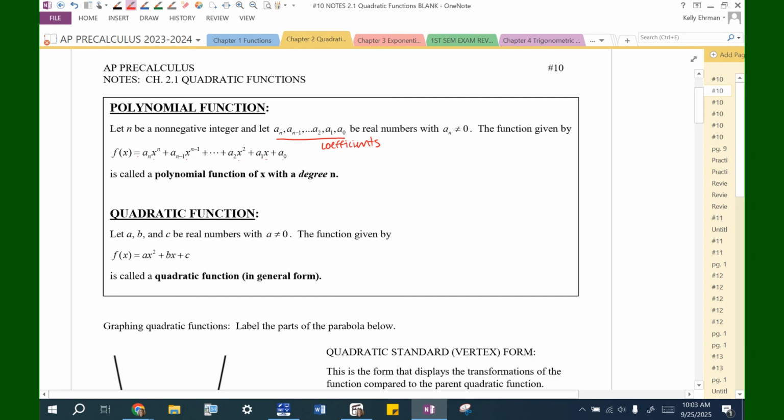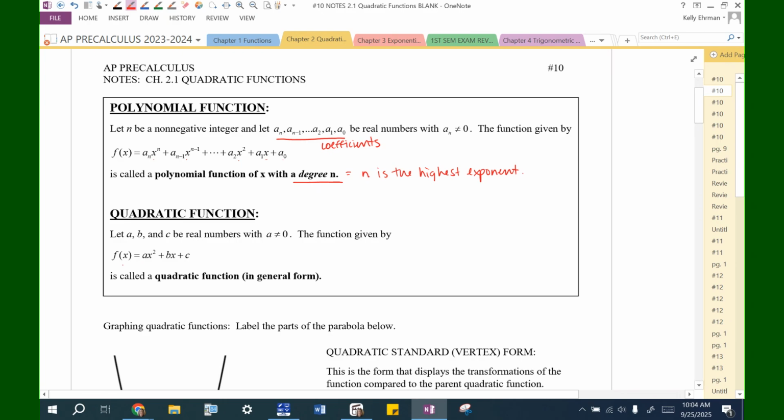The exponents have to be positive whole numbers, etc. That's a polynomial function, degree n. Degree n means n is the highest exponent. So a linear function is degree 1, a quadratic is degree 2. And we're focusing on quadratics today.